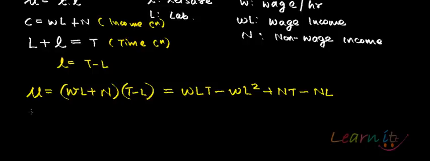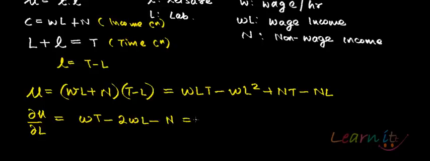Fine. Now if you find dU by dL, see, L is the only thing in this which is endogenous. So what will you have? WT minus 2WL minus N equals 0. This will give you the critical points.